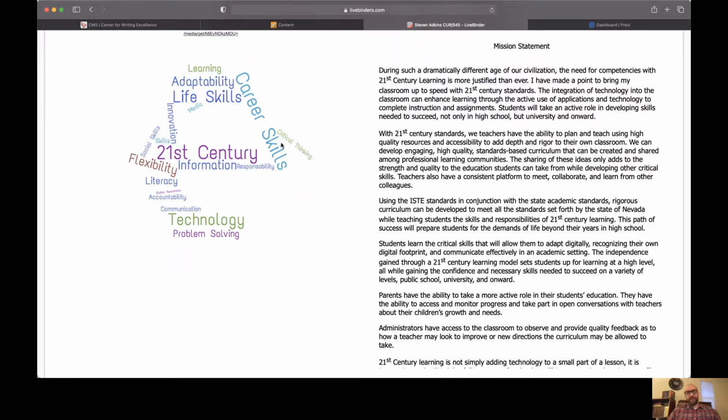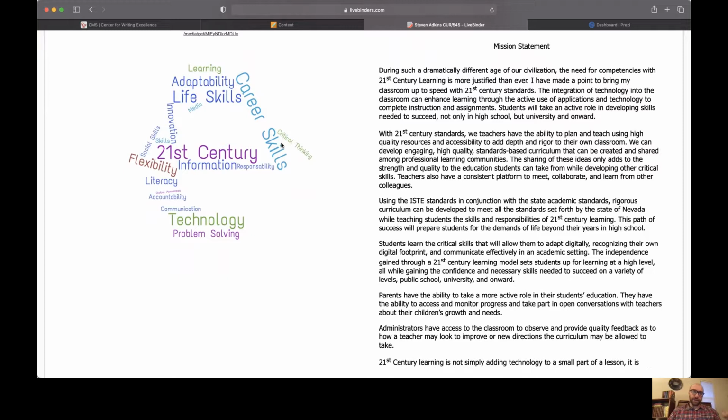In light of COVID in the last year, we have had to take a forceful and very fast evolution to hold up our end of the bargain on some things that we promised years and years ago, that being our 21st century learning. While that is such a focus now, having those skills is more important than it's ever been before.